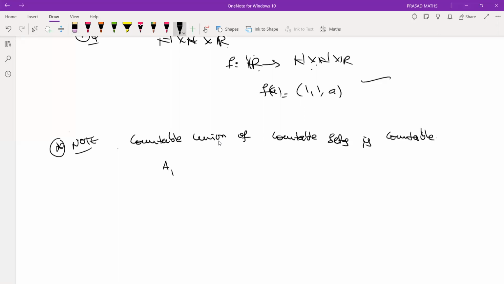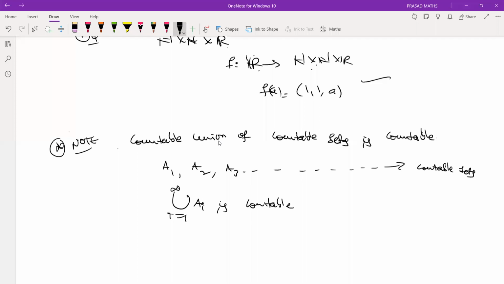Meaning what? Suppose A1 is countable, A2 countable, A3 countable, and so on. They are countable sets. So take the countable union, i equals 1 to infinity, always a countable set. So a countable union of countable sets is always countable.